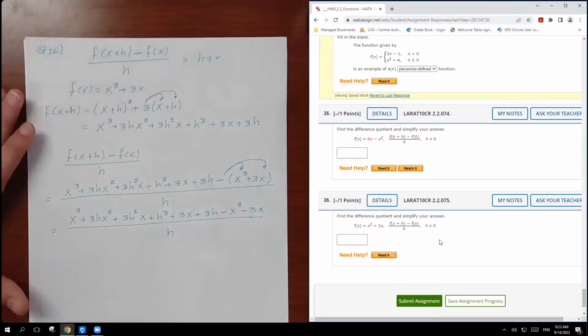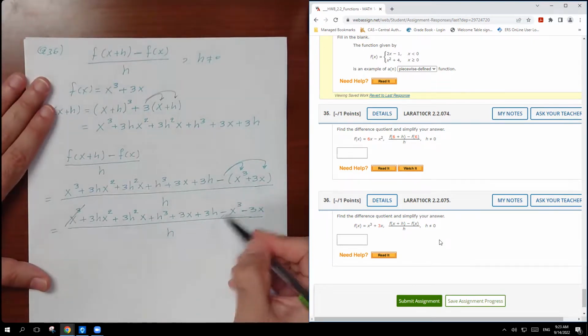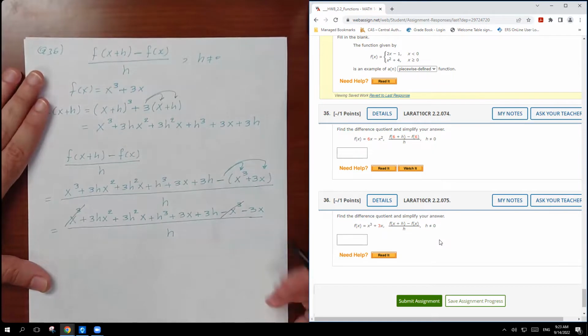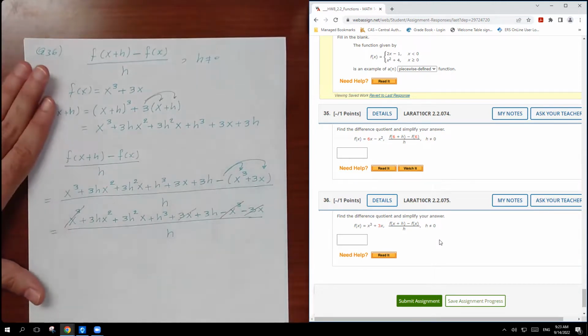Now let's check. Do we have the same terms? If you look here, x cubed minus x cubed, just cancel it. 3x minus 3x, cancel it. That's it. We can't cancel anymore. So now we're going to write down the leftover in another step.